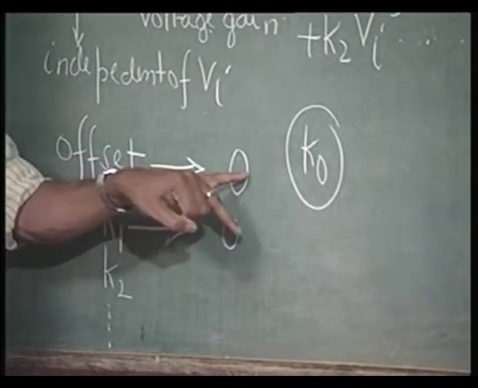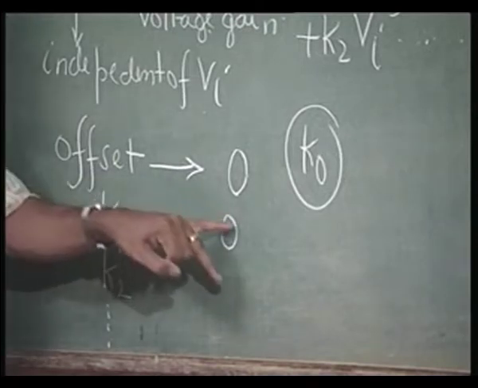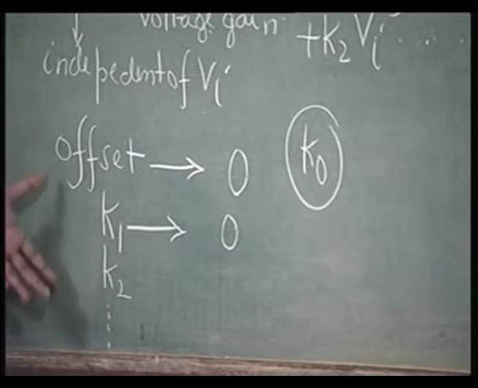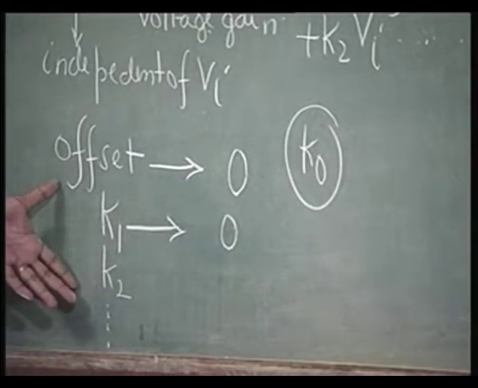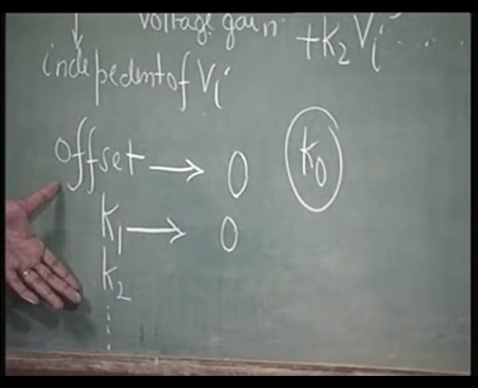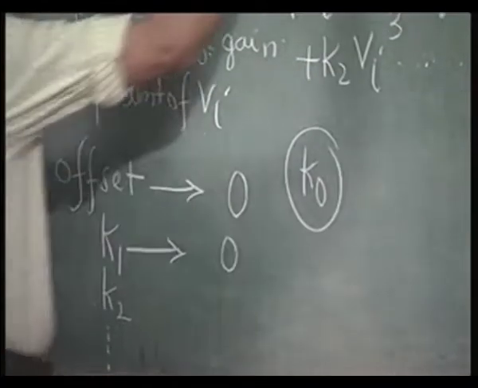Offset should go towards 0, K1 should go towards 0, K2 should go towards 0, all the nonlinearities should go towards 0. So, amplifier nonlinearities cause distortion.